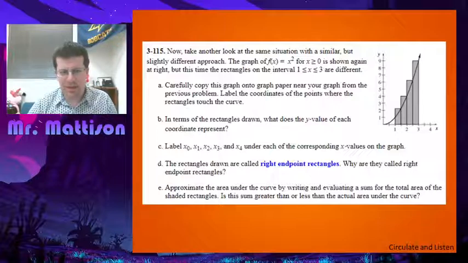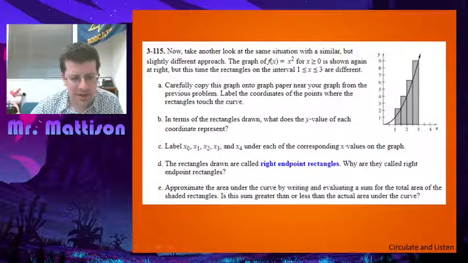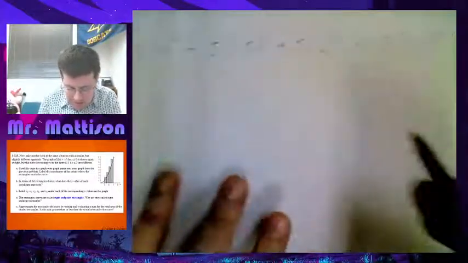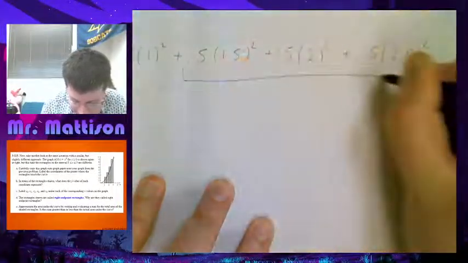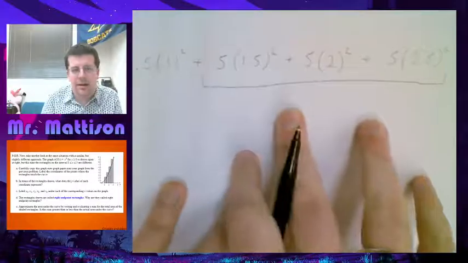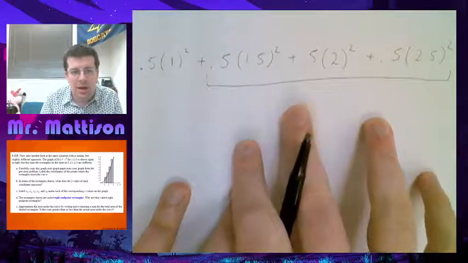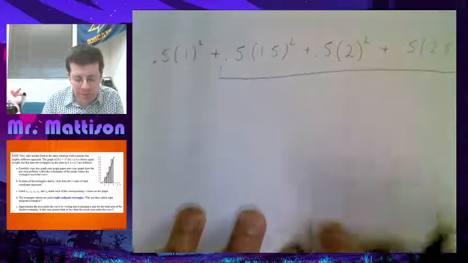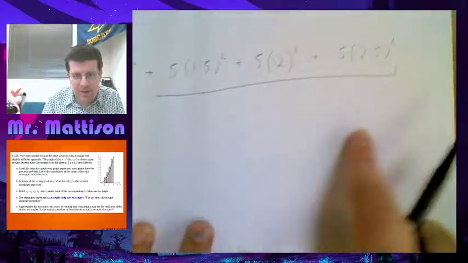You probably noticed there's a shortcut, just like you noticed when we did the summations, right? Basically, I can just reuse these ones here, because the latter three on my left endpoint are the former three on my right endpoint. So all I'm really doing is changing out my bottom one for the top one.